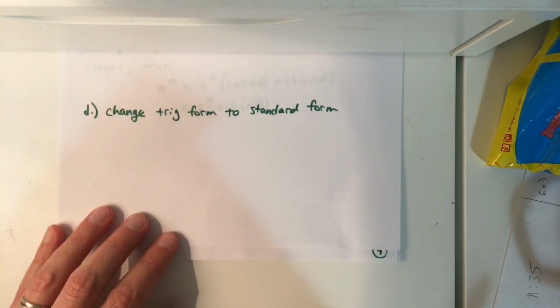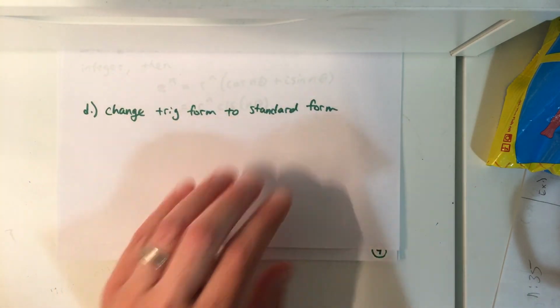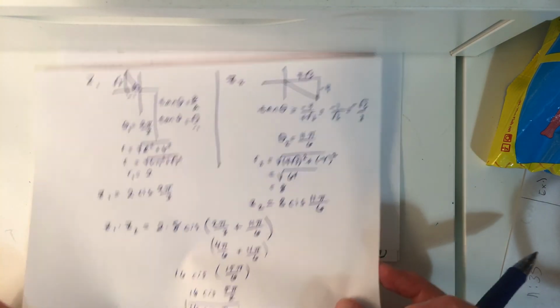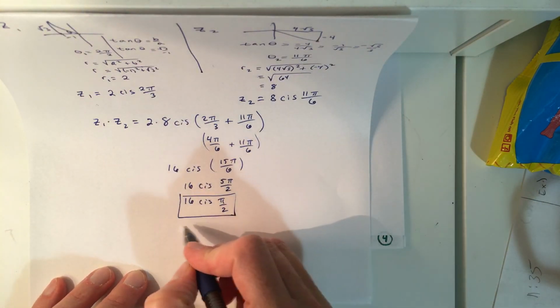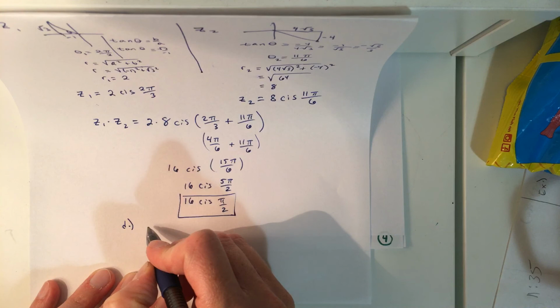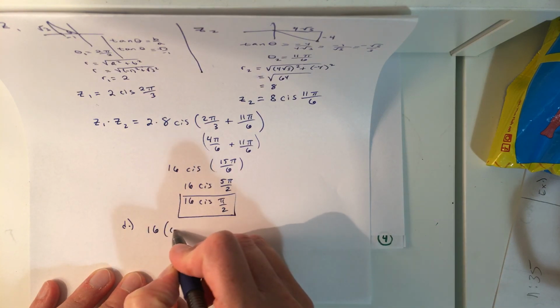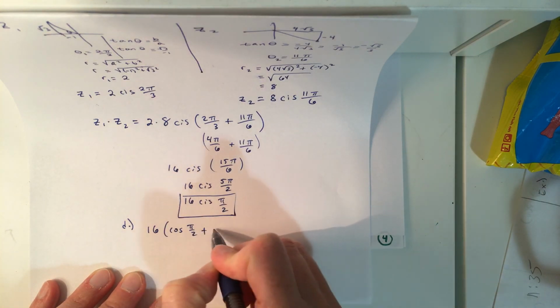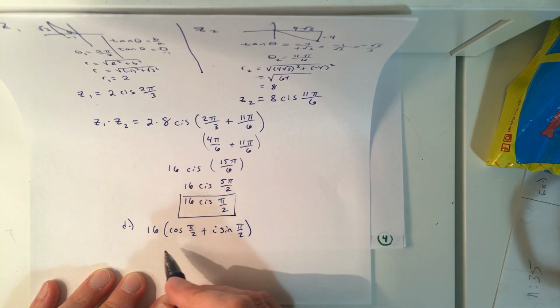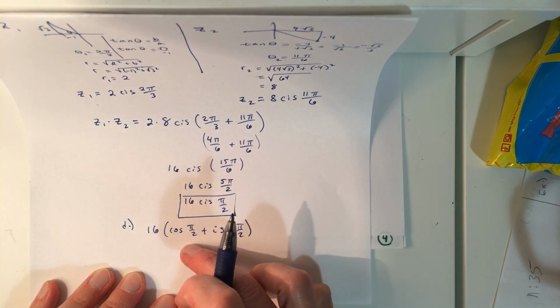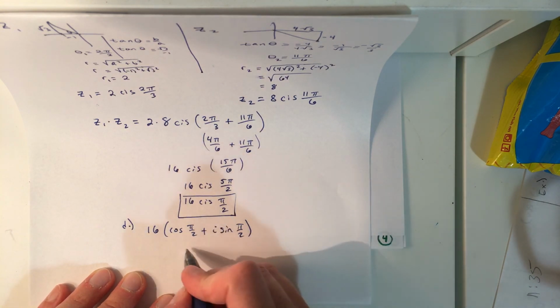The last part is asking us to change trig form to standard form. So if we take this answer in trig form and change it to standard form, part D, that would become cosine of pi over 2 plus I sine of pi over 2. Well, if we think about where the angle pi over 2 is, cosine is the x value, that's 0.